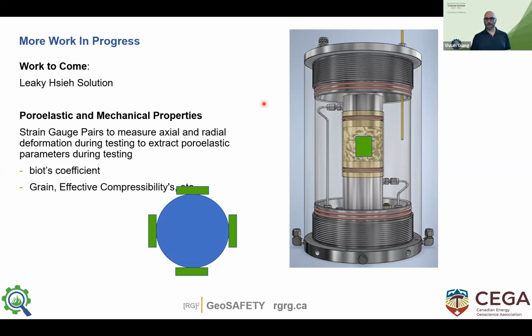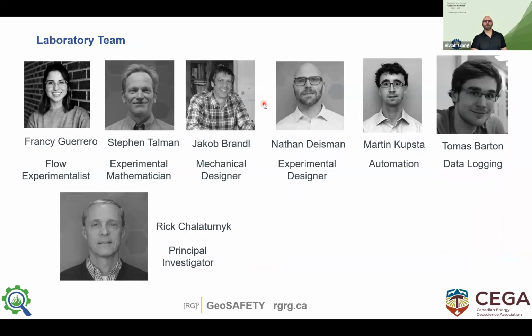If you're doing this type of test, just understand that the specific storage term helps you get a better measurement of permeability, but it is not fully a property of the specimen. It also includes the membrane. Is that roughly okay? It's roughly okay.